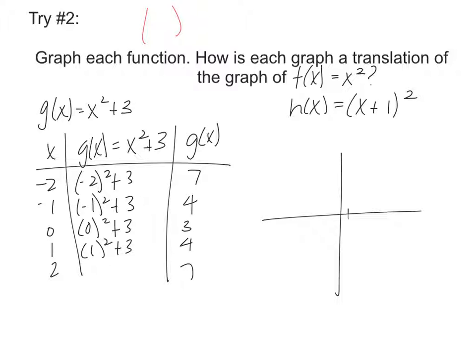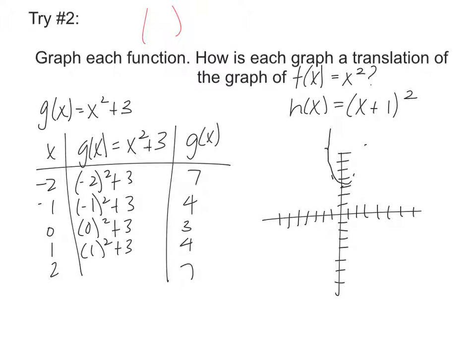So when I graph, I do -2, positive 7; -1, 4; 0, 3; 1, 4; and 2, positive 7.